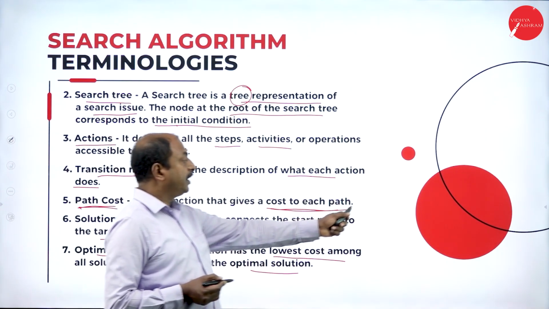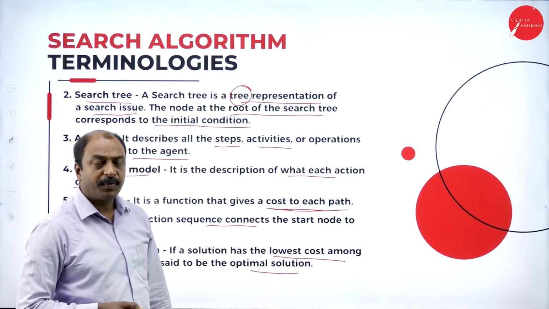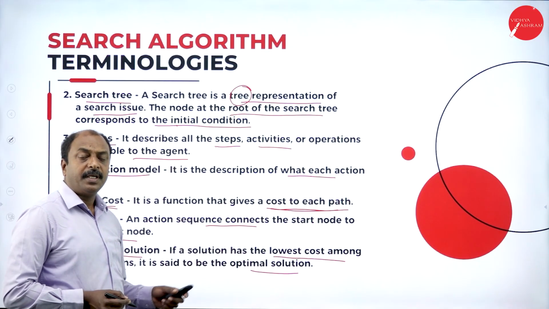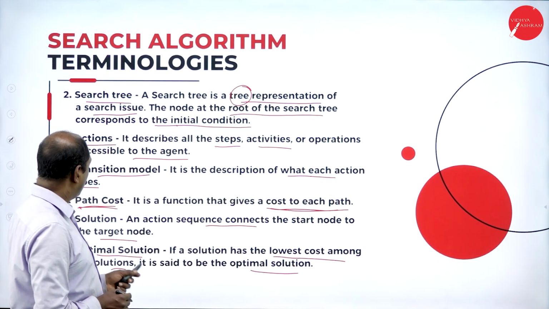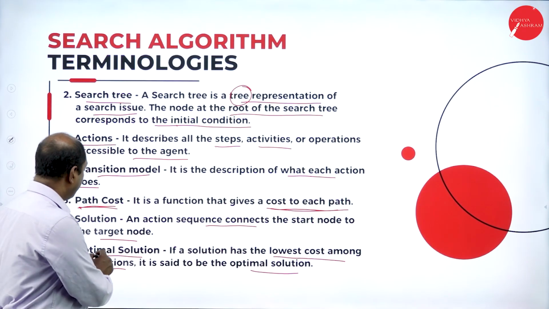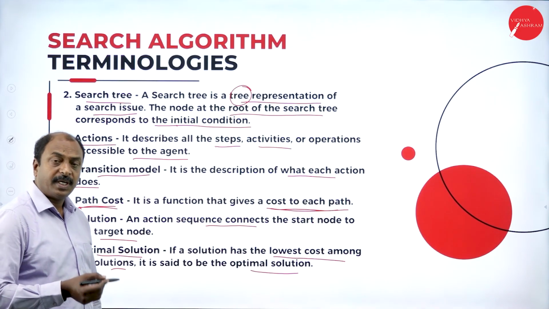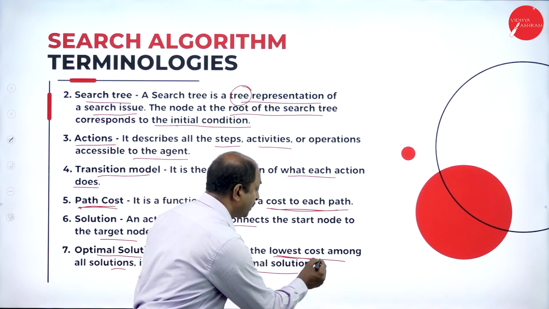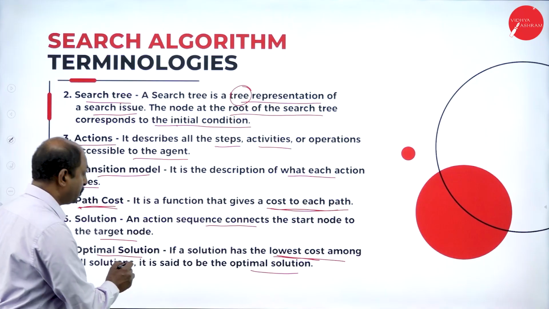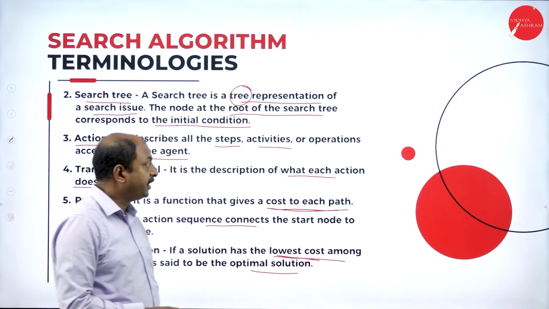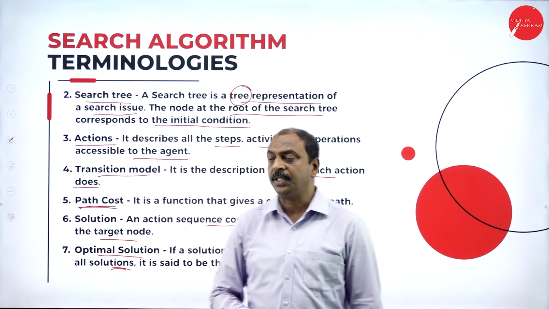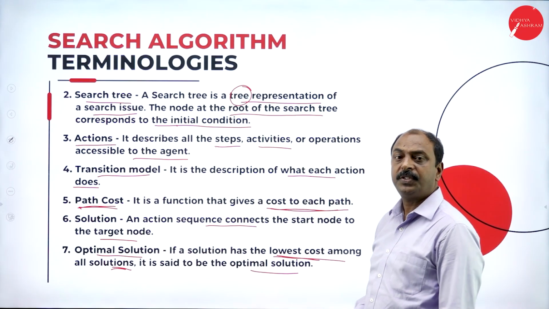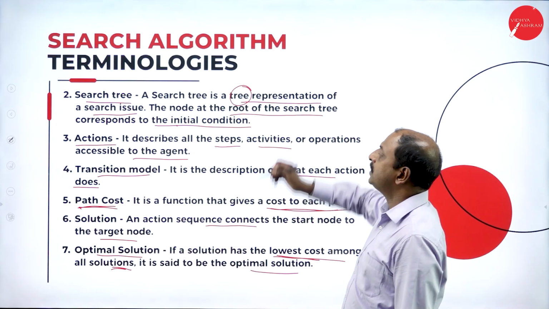It is nothing but the integer value given to each and every path in the search operation. So based on that, the optimal solution is the one which has the lowest cost among all the solutions available in the agent. So these are all different terminologies we use in artificial intelligence or in search algorithms.